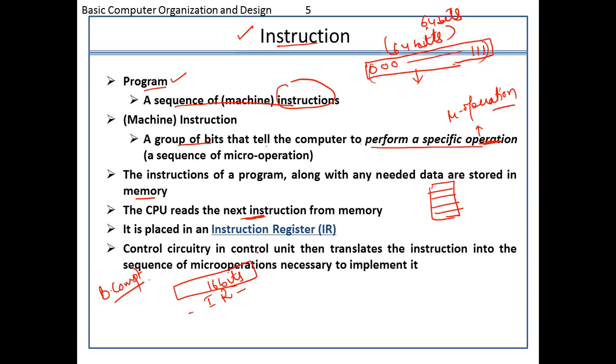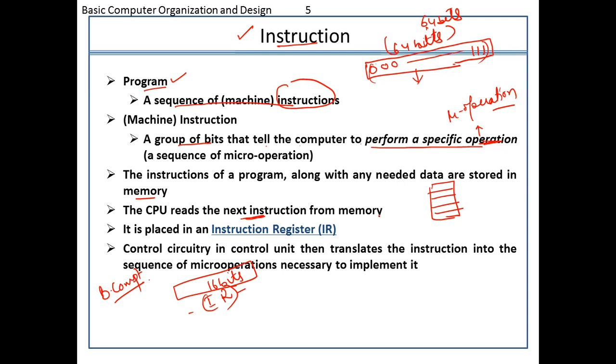Whenever the instruction comes, it has to reach the memory with the use of a particular register. That register is named the instruction register based upon the kind of functionality it is doing. Once the instruction comes to the memory, the required data is fetched.